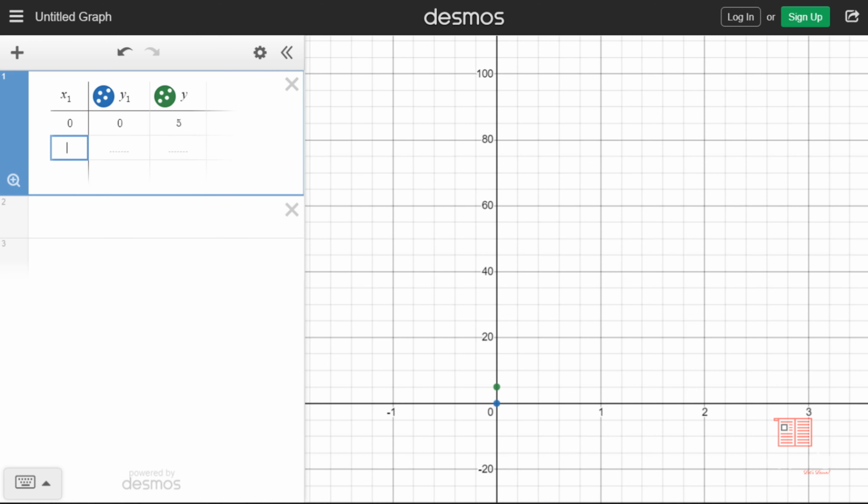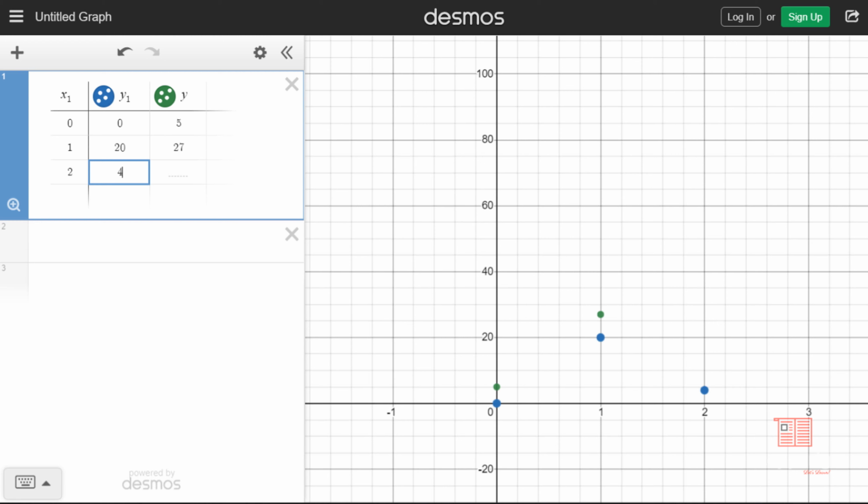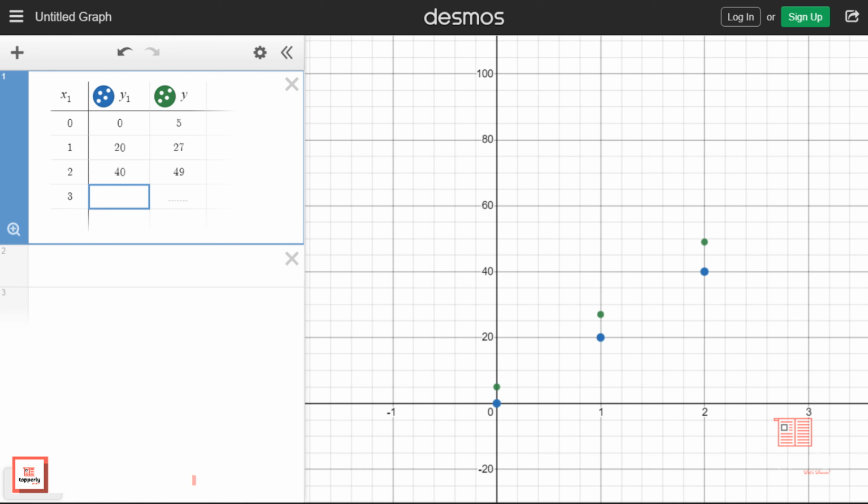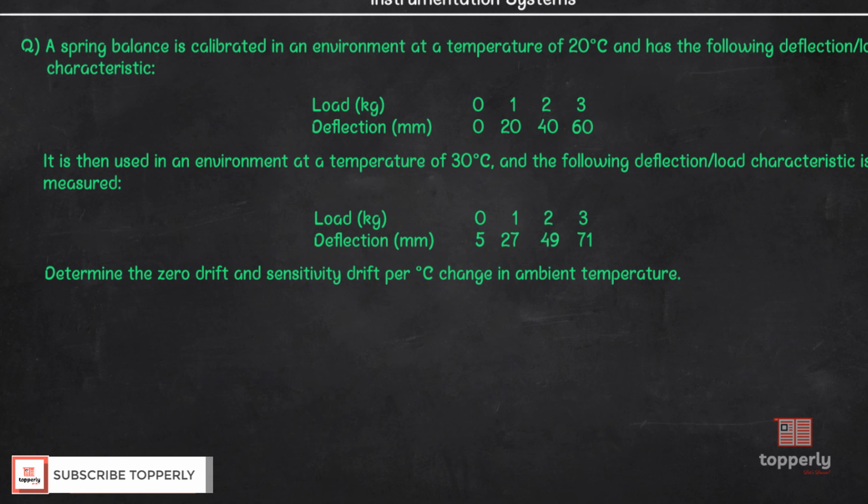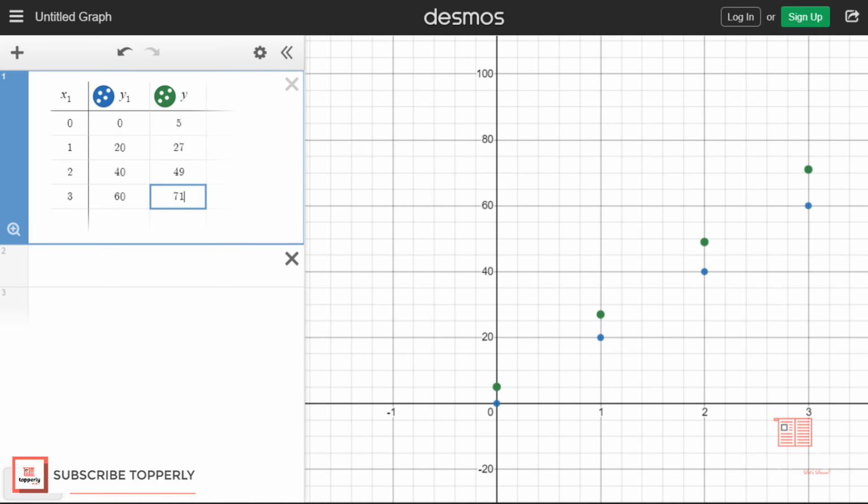Similarly, when the load was 1 kg, the deflection at 20 degrees Celsius was 20 mm, while the deflection at 30 degrees Celsius was 27 mm. Similarly, for 2 kg we had 40 and 49, and for 3 kg we have 60 and I believe it was 71. Yeah, so 71.